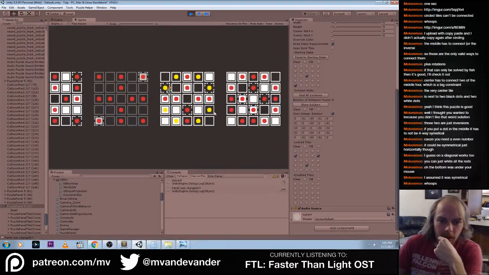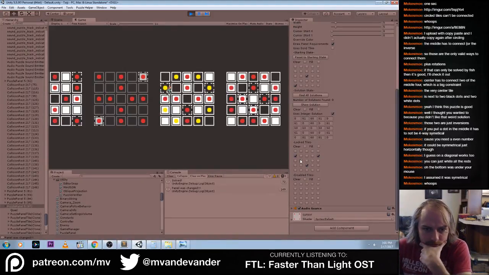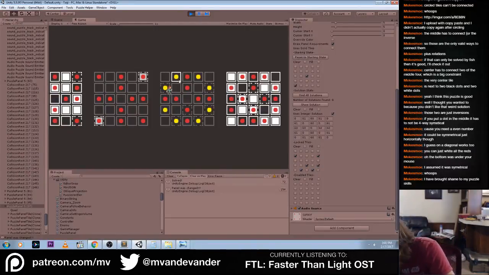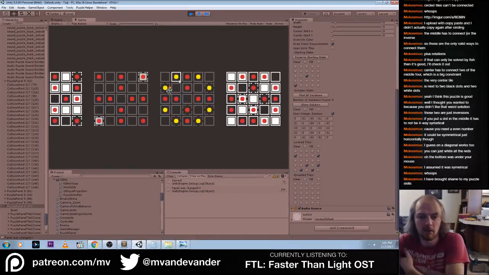You start to get weird ones when you remove that. I forget what constraints I just removed. Didn't I remove these guys? Or was it not those guys that I removed? Was it this? Bottom was under my mouse.